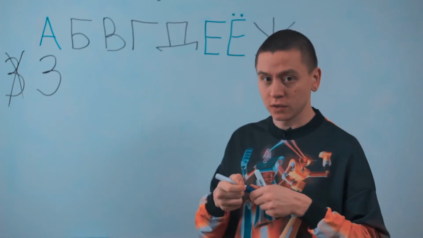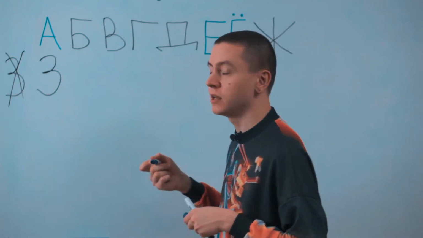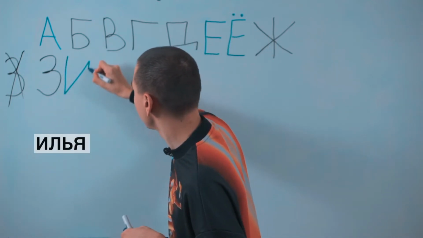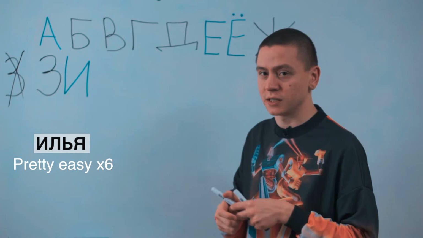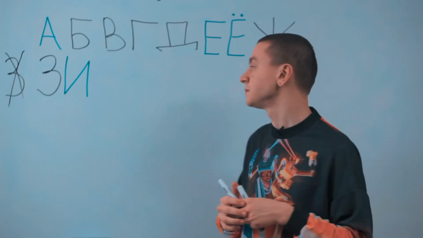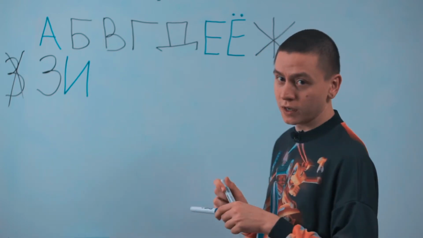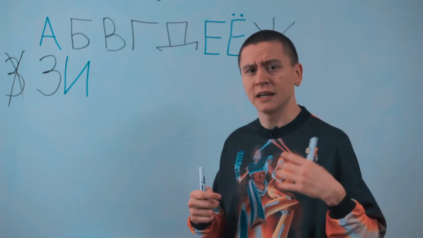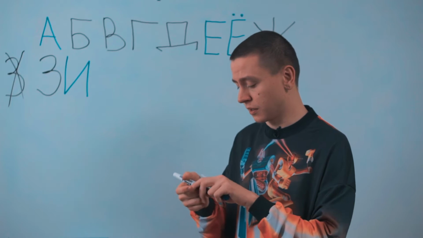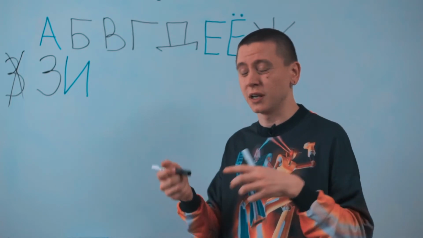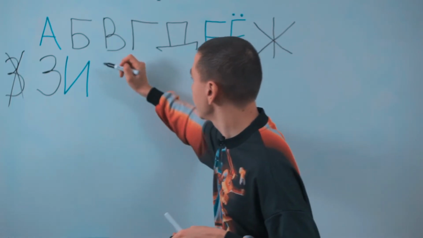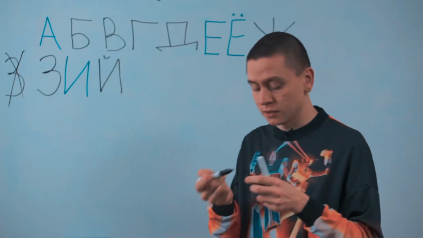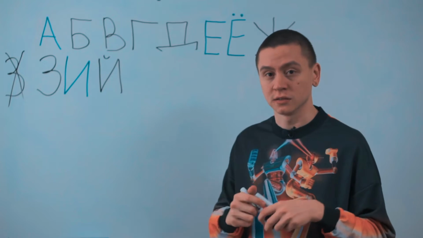Next one is a vowel, it's E. By the way, my name starts with this letter, E. Pretty easy. Next one, in Russian the letter is called I kratko. In English it's short E. But it sounds like Y. And yes, it's not a vowel, it's a consonant.